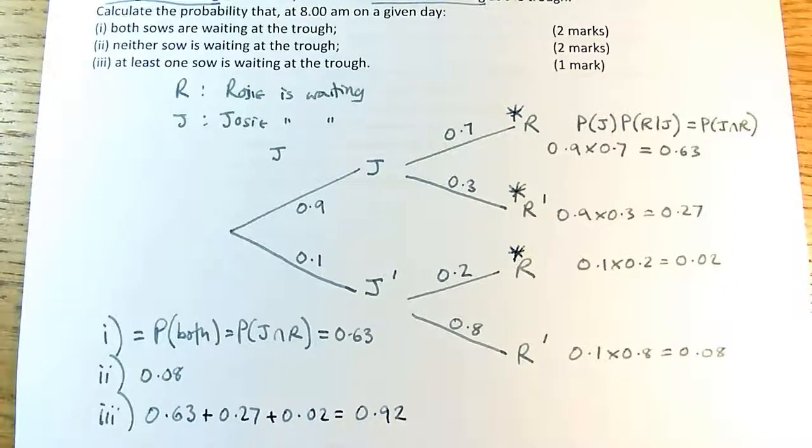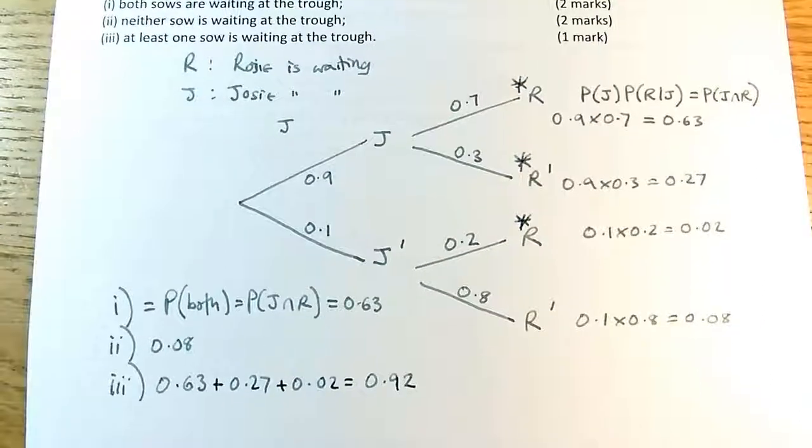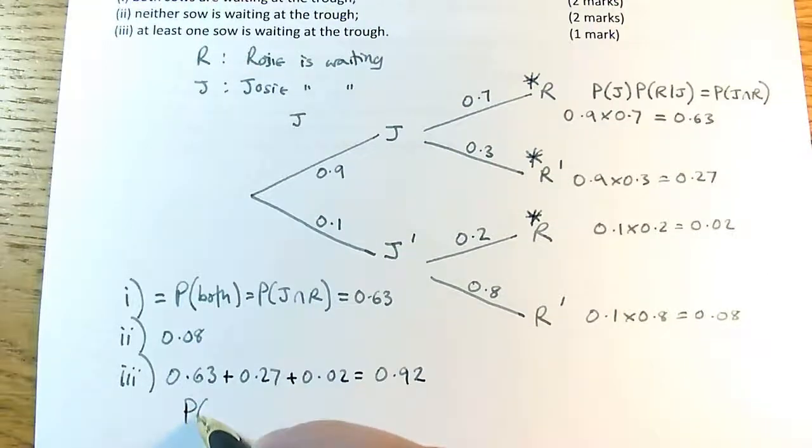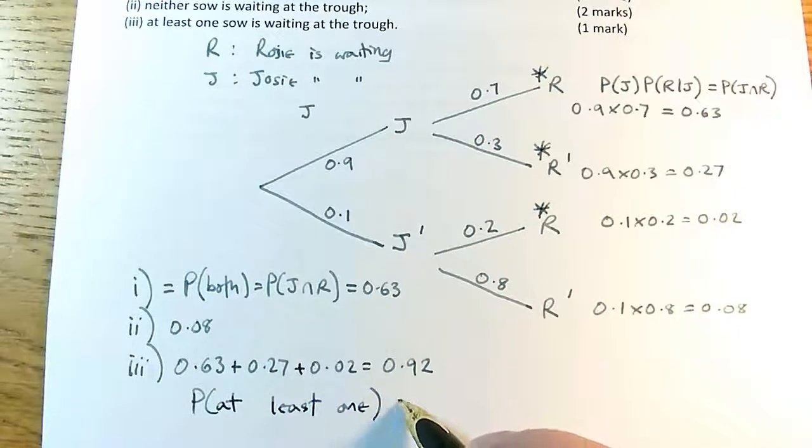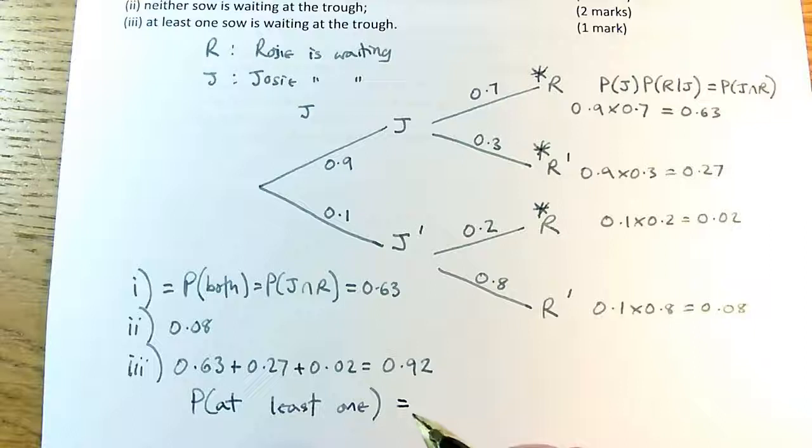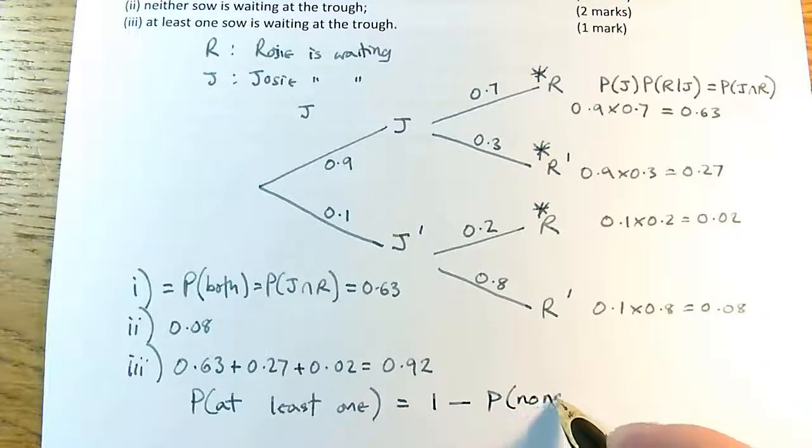But what you might see is a quicker way to do this. It's worth bearing in mind that for the probability of at least one of something happening, the only way that that doesn't happen is if it never happens. So the probability of at least one of something happening is 1 minus the probability that it happens no times.